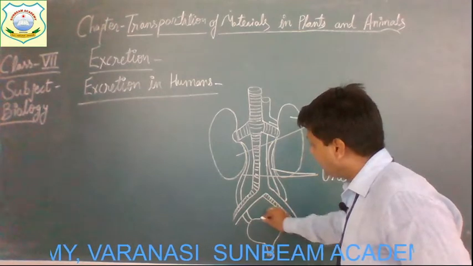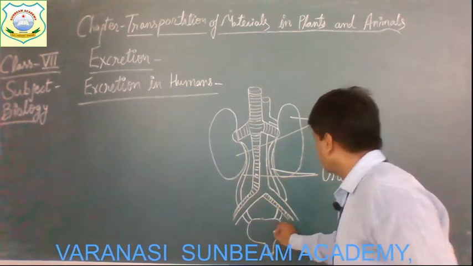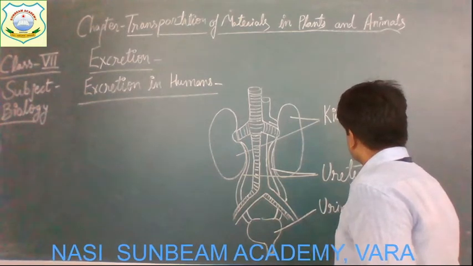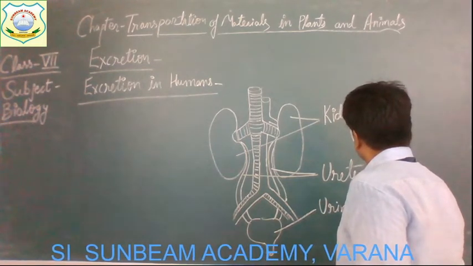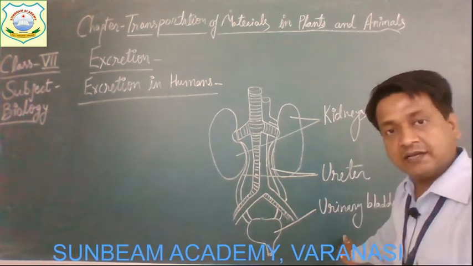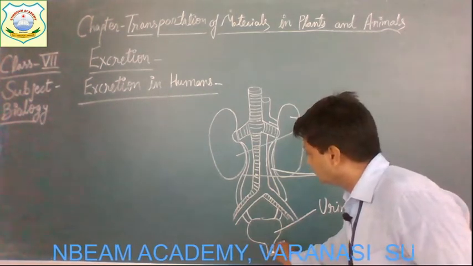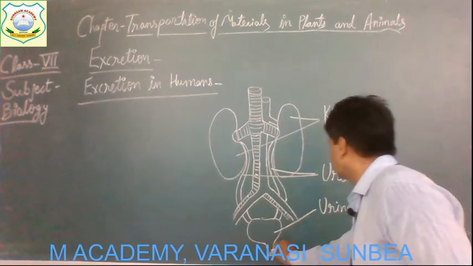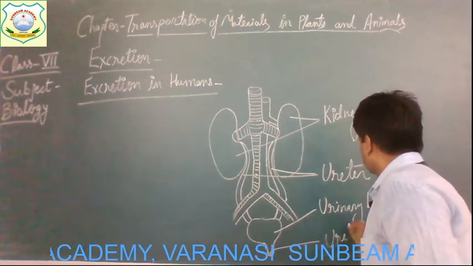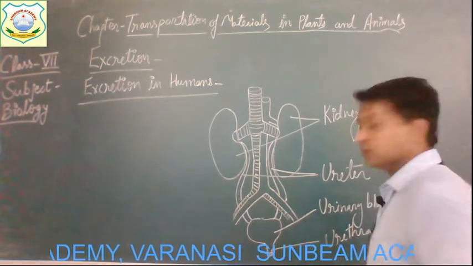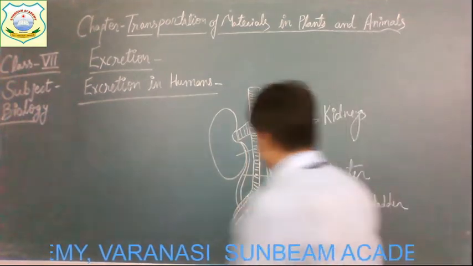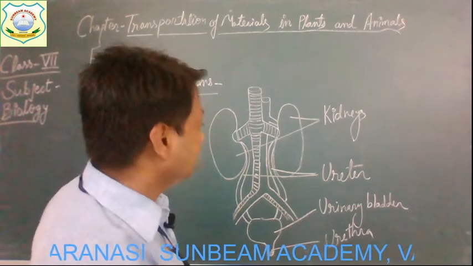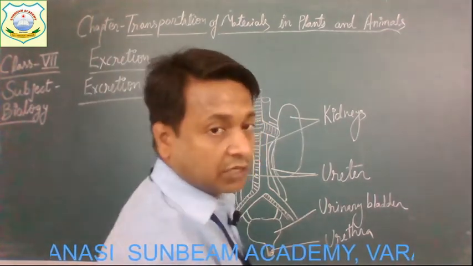This bag-like structure is the urinary bladder, and this tube by which the urine passes out is the urethra. Okay children, so these are the main organs involved in the urinary system of our body.